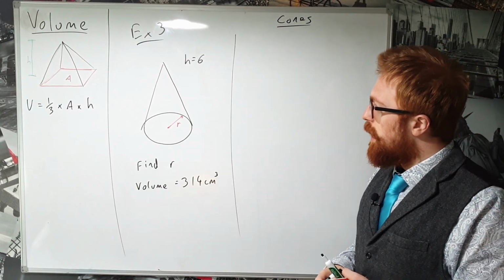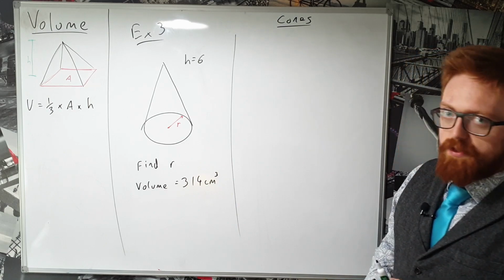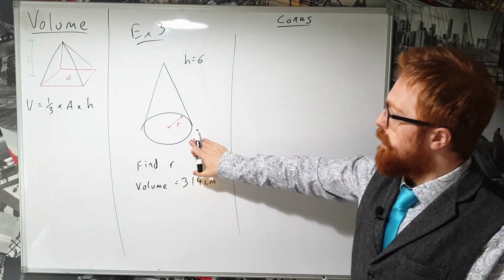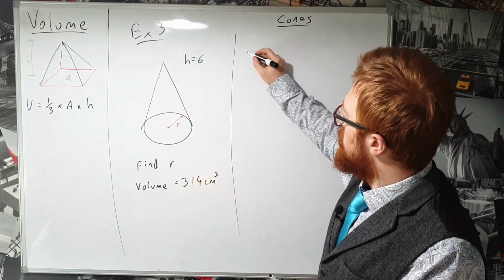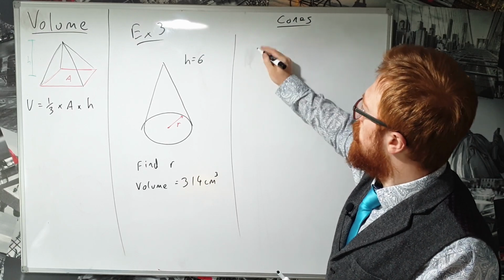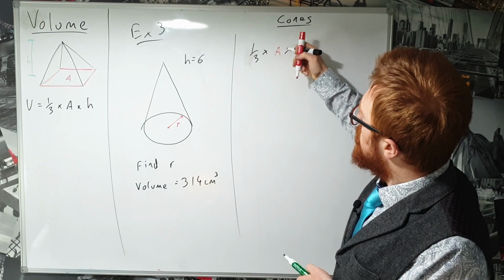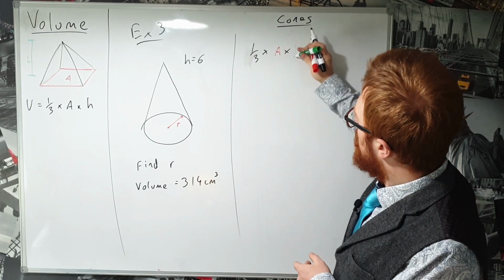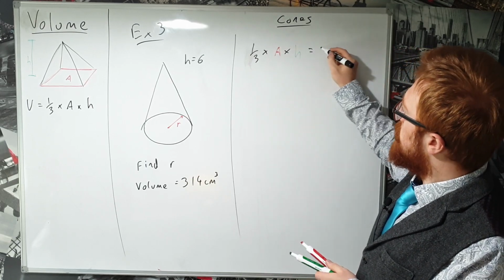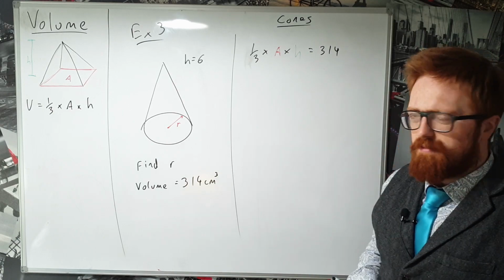Okay, so to get this answer of 314, what the person writing this question did was they did 1/3 times by my area times by my height, and that got me an answer of 314.